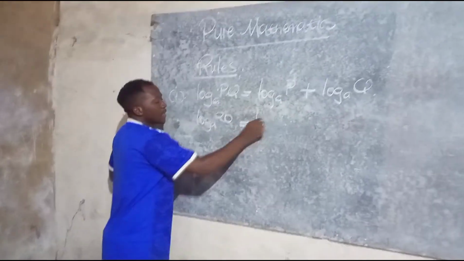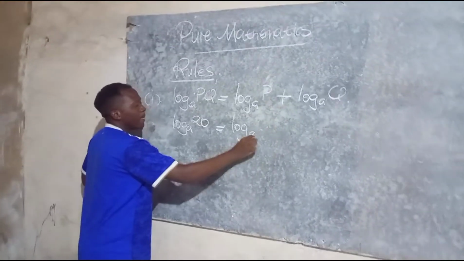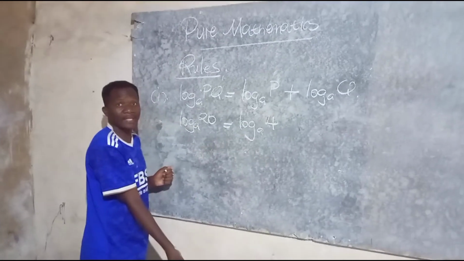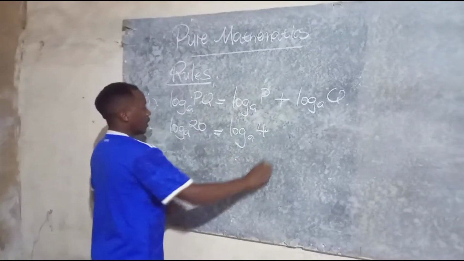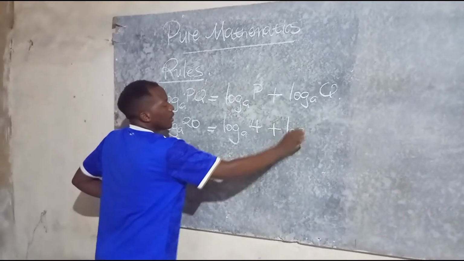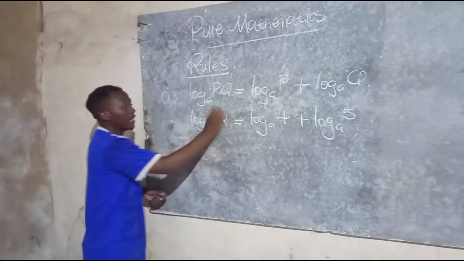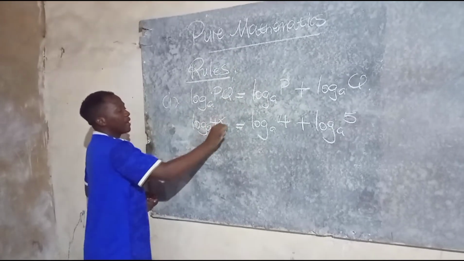So we can say log a of 4, plus log a of 5. The same way, that is the same as writing 4 times 5.